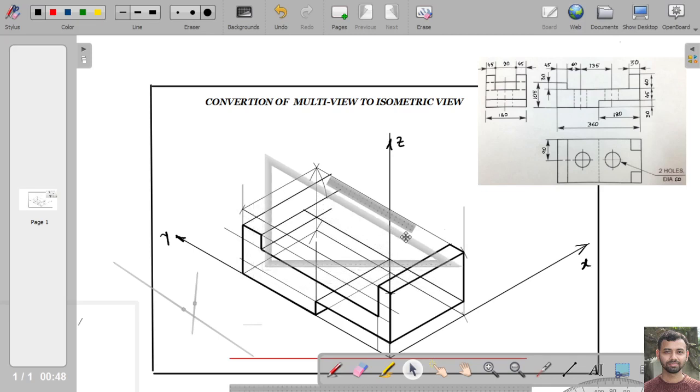So now we will draw this part from this point to this part. Okay. Next is from this portion to this portion.